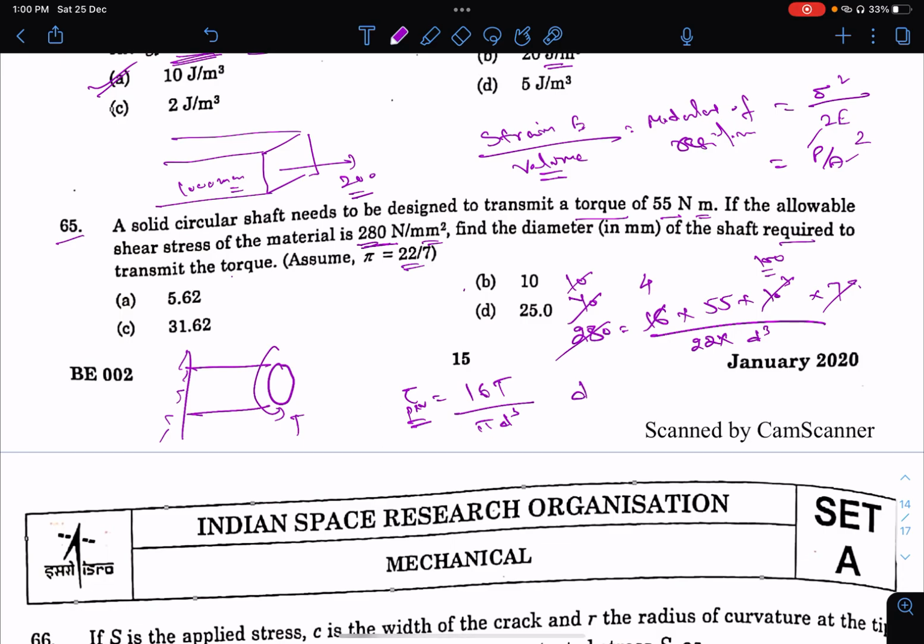So when you find out, approximately, d will come out to be 10 mm, because it is 2 divided by 11. So this is 5, so 5 into 2 is 10, that is 1000. So d cube is equal to 1000, so d is equal to 10. So the correct answer is B.